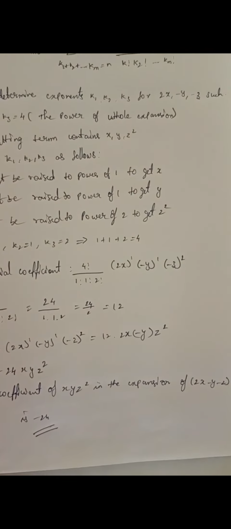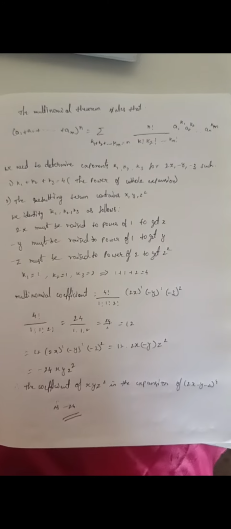Next, B question: in how many ways can one distribute 8 identical marbles in 4 distinct containers so that, first, no container is empty.